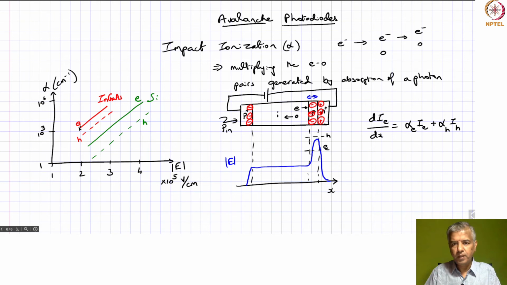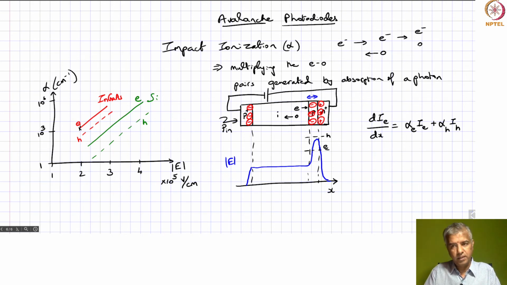So that gets triggered over there. You would just keep increasing it and have holes also participate. This hole can now cause impact ionization, and it can also generate secondary electron-hole pairs.